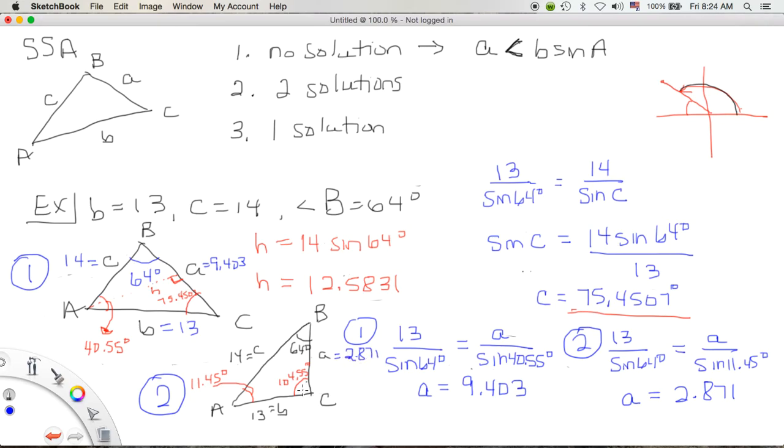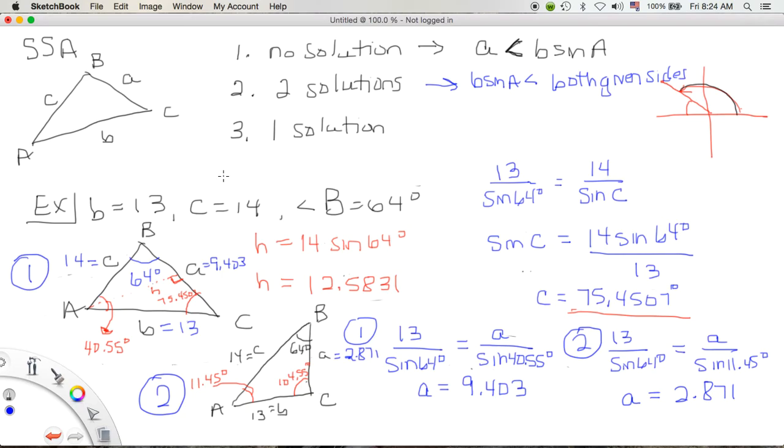So these are our two possible solutions. Okay, this happens when our height, which is b sine of A, is less than both given sides. Okay, so that's what happens when we have two solutions.